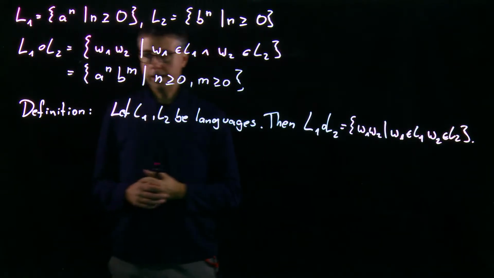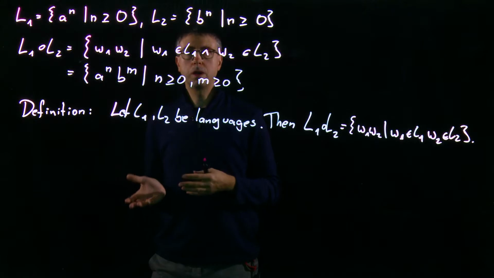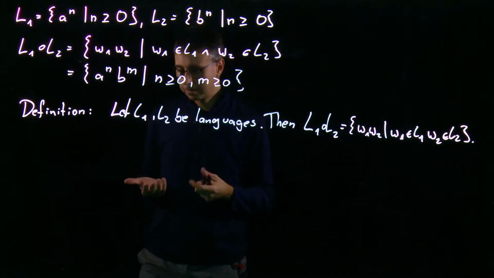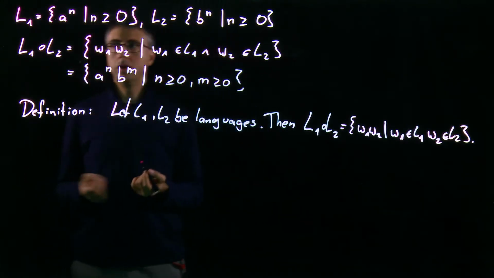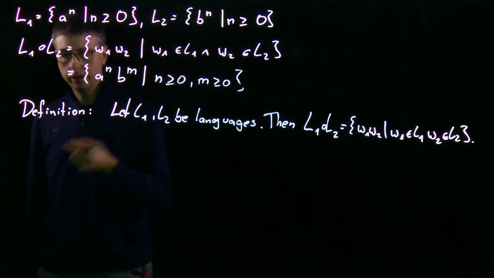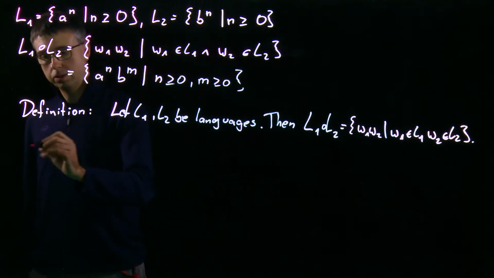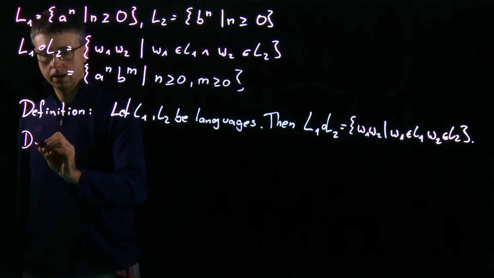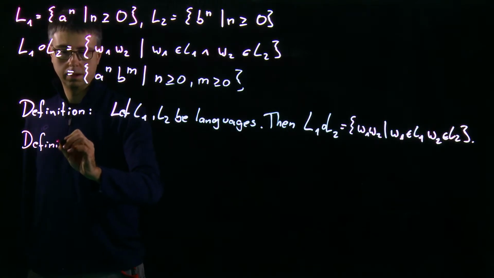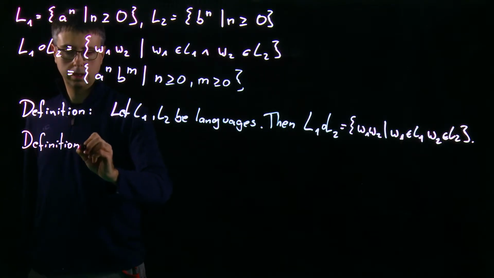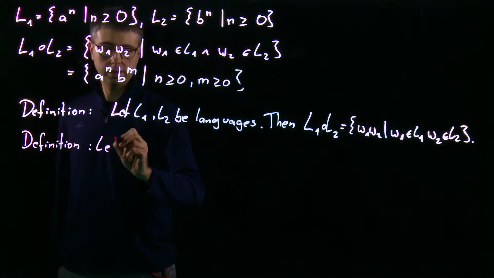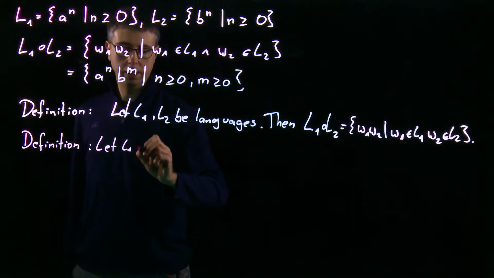So that's concatenation. For words, we also defined the power. And we can do the same with languages. We can define the power of a language. Let L be a language.